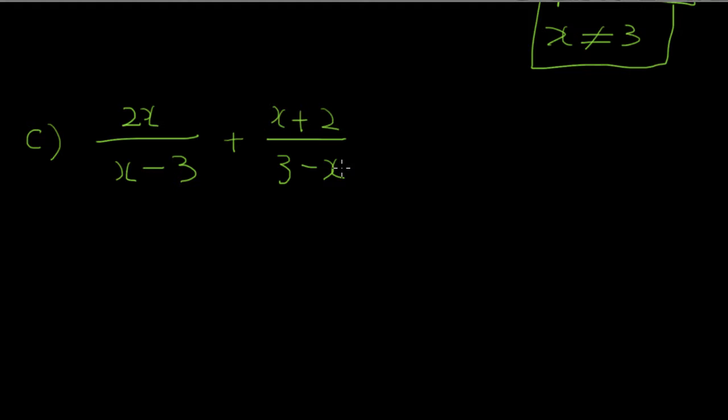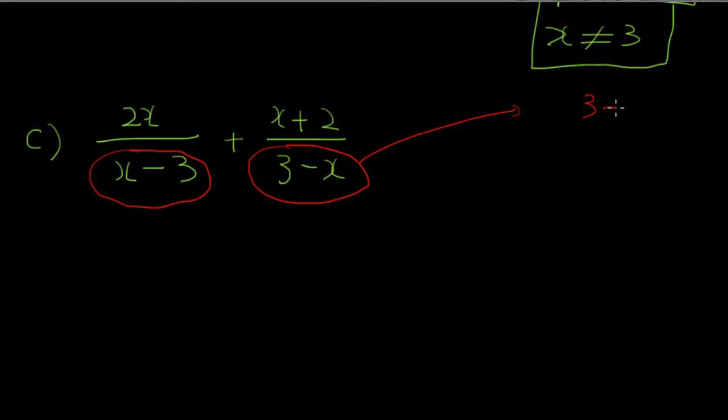We tried something similar to this in our previous lecture. See this denominator right here and this denominator right here. They are not exactly the same. They are in different order. They both have minus. So let me just set this one aside, 3 minus x.